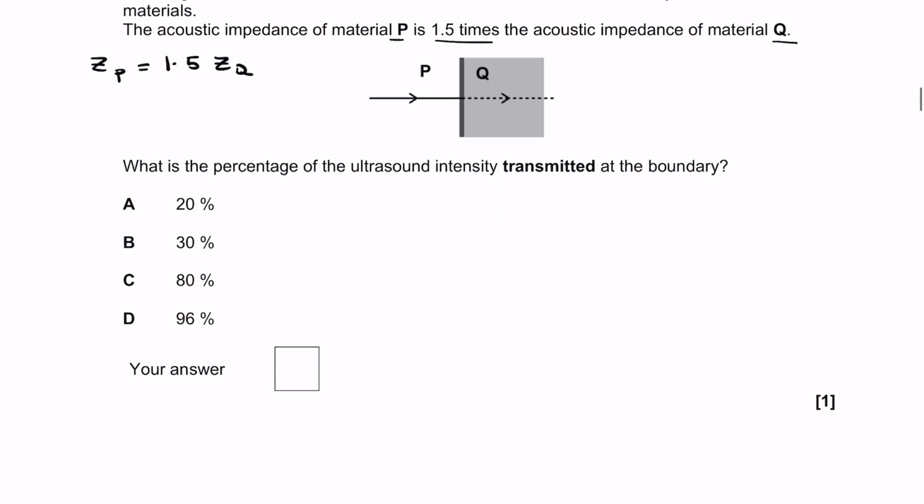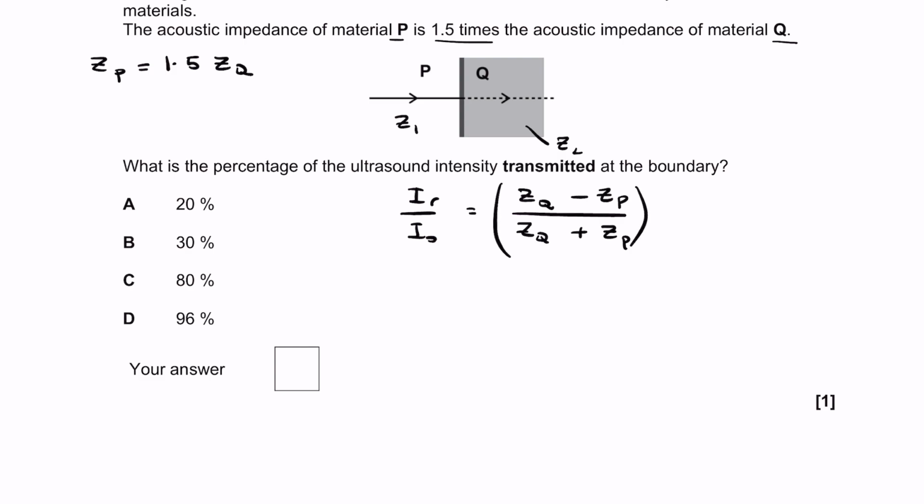So we know the intensity reflection coefficient, which is IR over I naught, and that's given to us as ZQ minus ZP over ZQ plus ZP, as this is the second medium and this is the first medium.